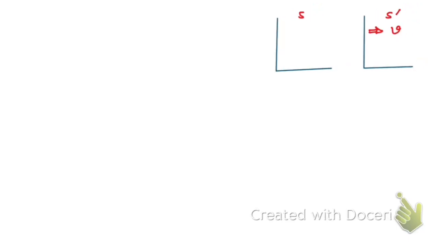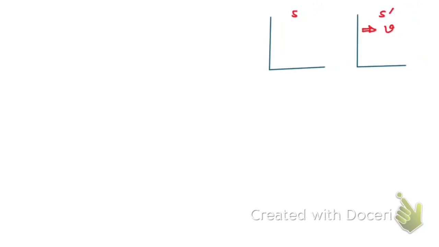Suppose this is frame S and this is frame S dash, and S dash is moving with velocity v with respect to S along the x-axis. This is the origin O.